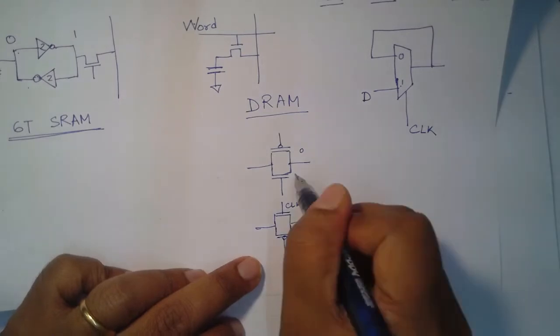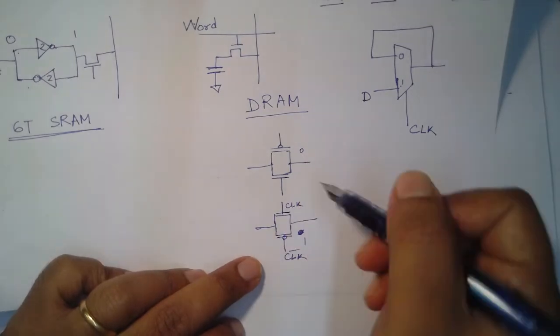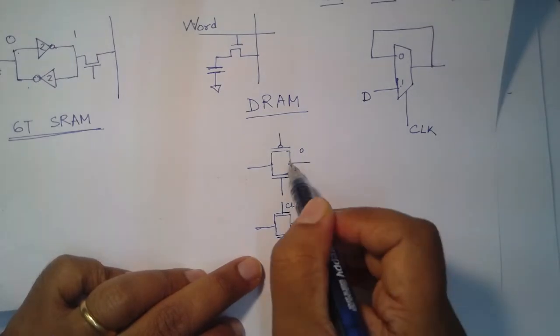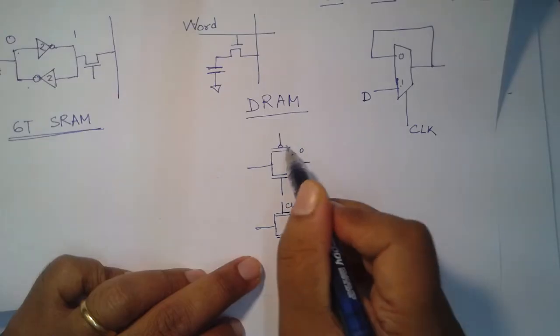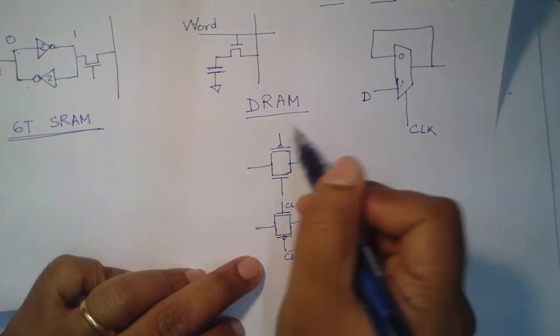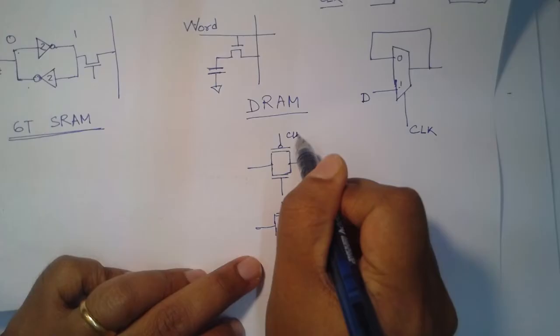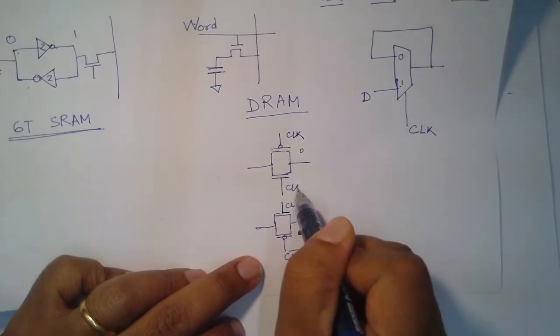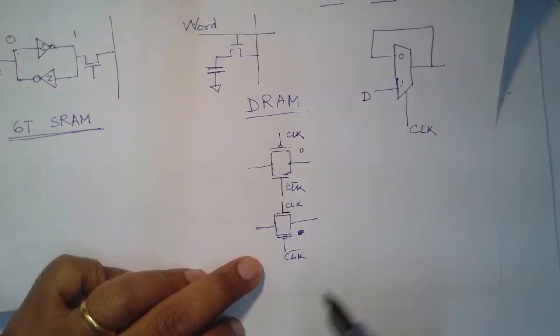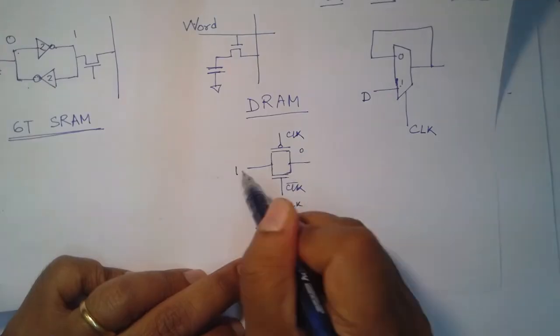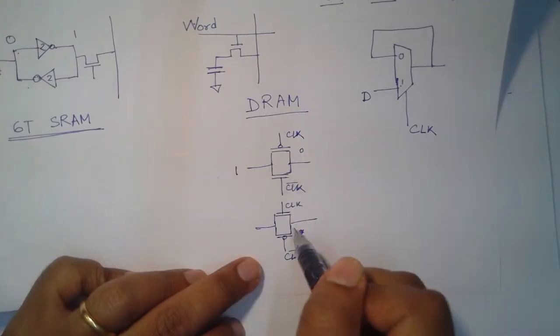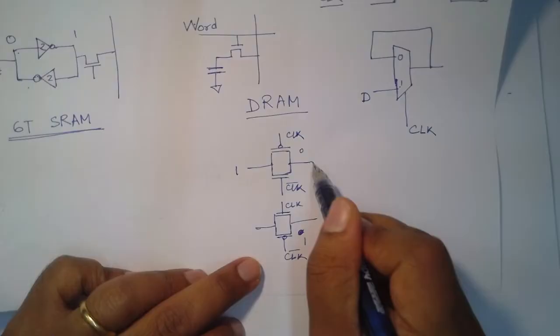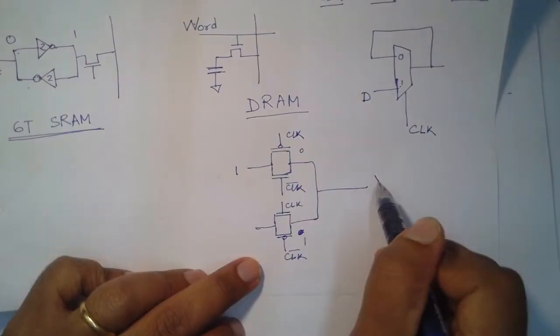And if this is the 0, then I have to make sure that when clock is low, this is on. So, this should be connected to clock and this should be connected to clock bar. So, this is your D input, this is 0, this is 1, and you connect them together, and this is your output. So, this is a 2 to 1 mux.